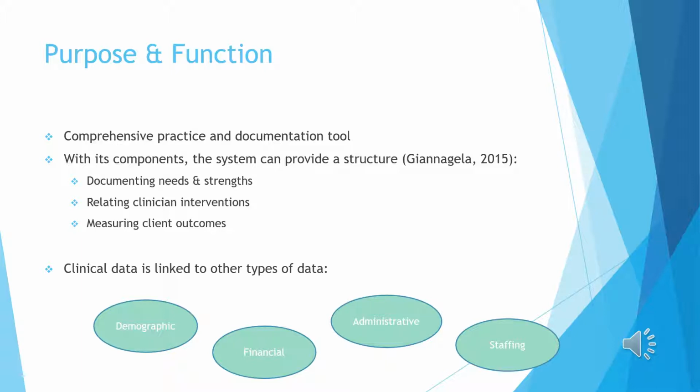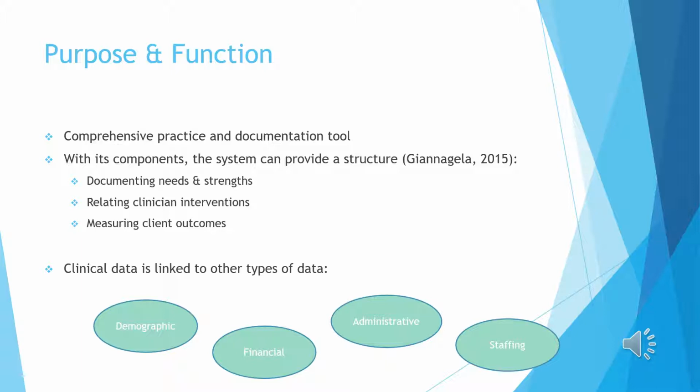Specifically, individuals like to refer to this application as comprehensive and as a documentation tool. This type of system is mainly used in home care, hospice, long-term care, assisted living, even schools, and hospital-based, as well as public healthcare settings.